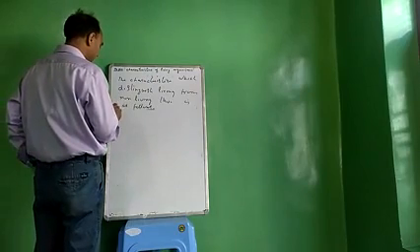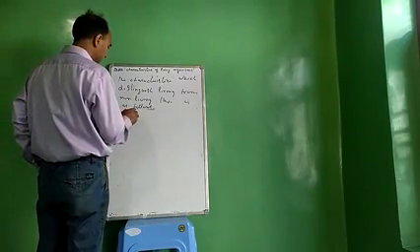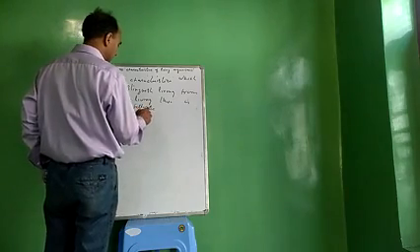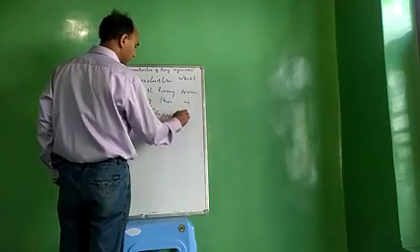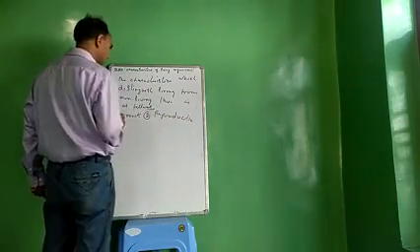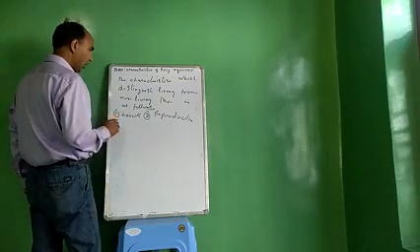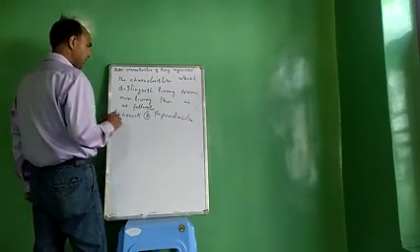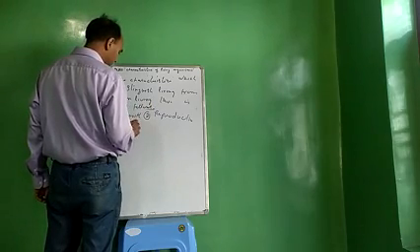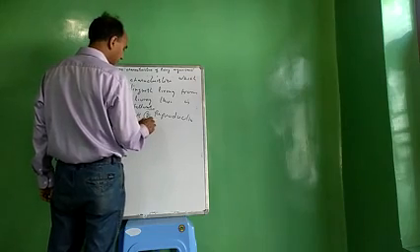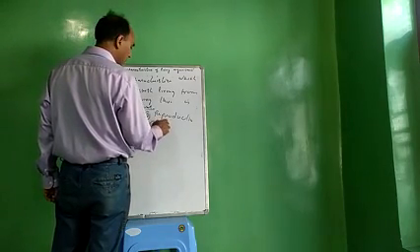First is the growth, and second is the reproduction. Third characteristic of living which distinguishes from non-living is the metabolism. Fourth point is the movement.